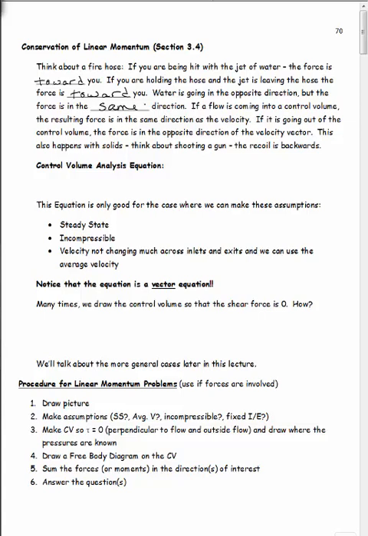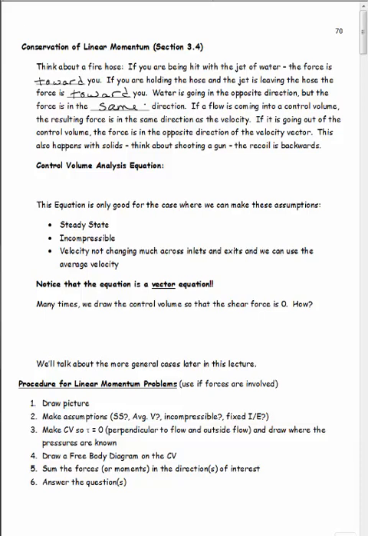Isn't that weird? But that's because if a flow is coming into a control volume, you end up with a force due to the momentum of that fluid coming into the control volume in the same direction as velocity, but if it's going out, it's in the opposite direction of velocity. That means that if the fluid velocity is going in the same direction, it's going to act differently if it's coming into the control volume versus going out of the control volume.